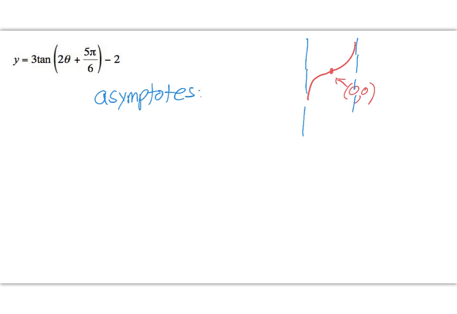And those are going to be when the inside is at pi over 2. So I'm going to set this up as pi over 2 equals 2 theta plus 5 pi over 6. Getting 2 theta by itself, I need to make sure I move some stuff to the other side. So I'm going to subtract 5 pi over 6 from both sides.